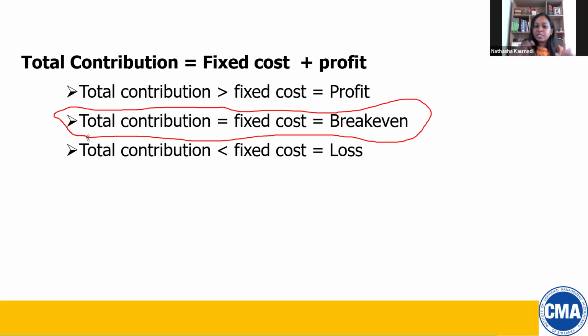So likewise, with the changes in these items, you can calculate your profits. You can decide whether we need to increase or decrease the prices, whether we need to negotiate with the suppliers to reduce the cost, whether we need to reduce our fixed cost. Likewise, you can always use these very simple formulas for initial decision making, right?